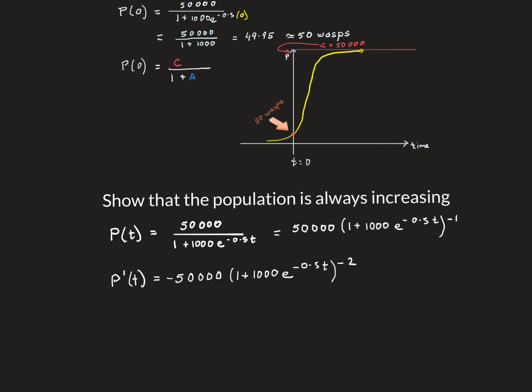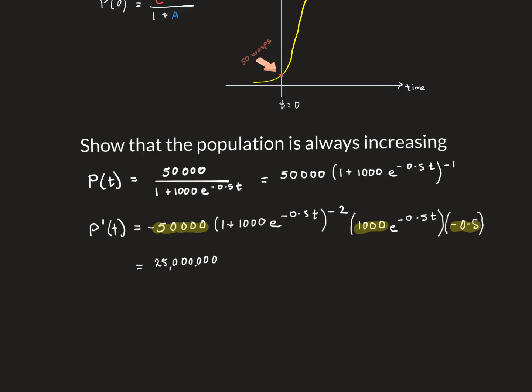This is a chain rule, and so we're going to need to now differentiate what's inside the brackets. Multiply the 50,000, the 1,000 and minus 0.5, then e to the minus 0.5t over 1 plus 1,000 e to the minus 0.5t, squared.